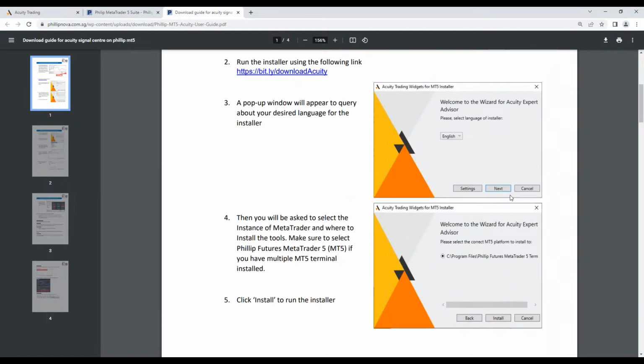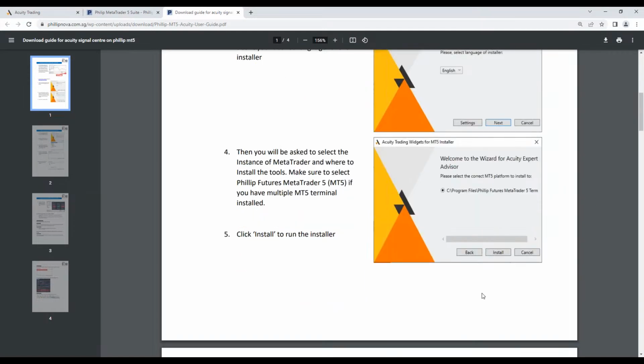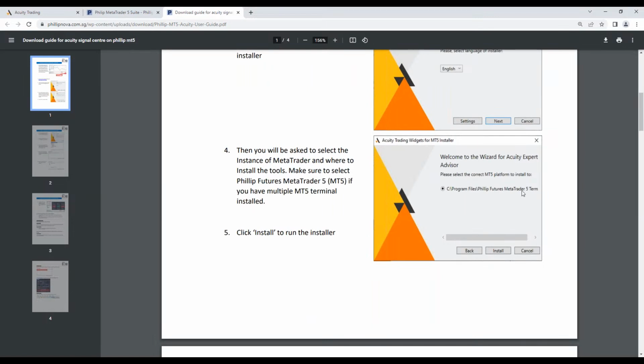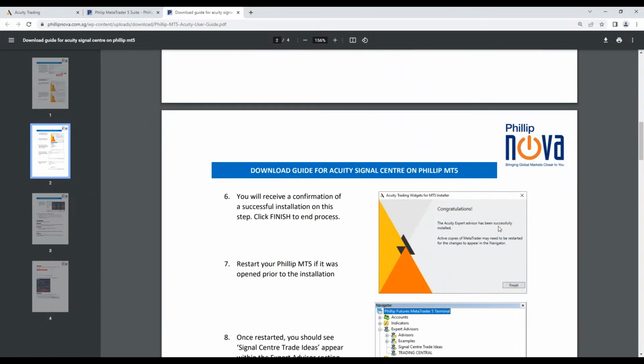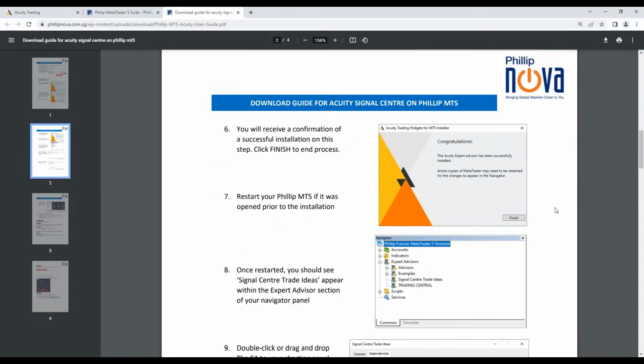Very simple. You click on next. They will ask you to confirm the location where you'd like to install. Normally this should be fine, and just click install. And there you go. You have successfully downloaded this trading tool, and all you have to do now is restart your MT5 platform. That's all it takes.